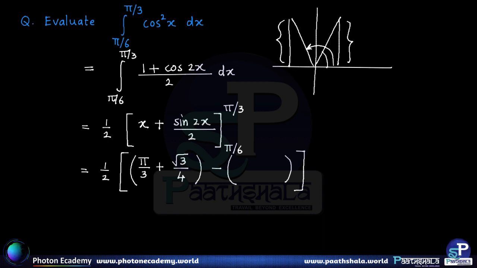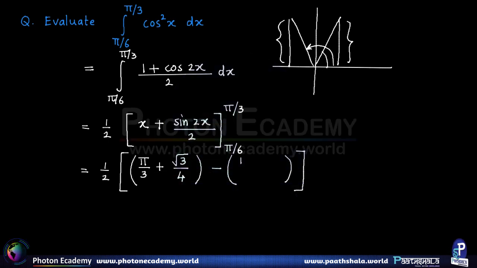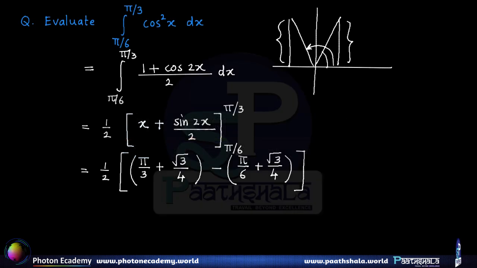And after putting the lower limit, we have x as pi by 6 plus, now sine of 2 into pi by 6, which is sine of pi by 3, which is once again root 3 by 4 as in the previous case. So that gives us 1 by 2.